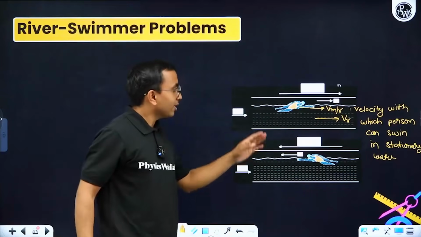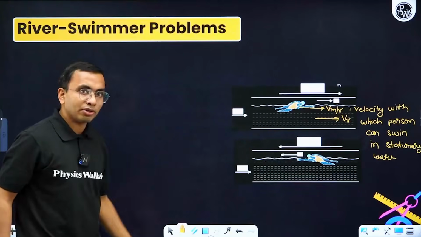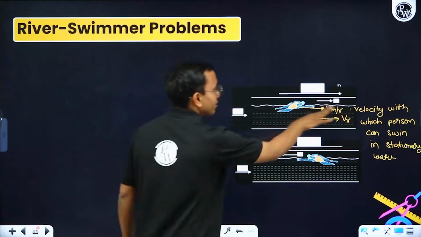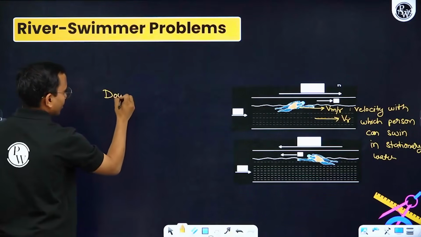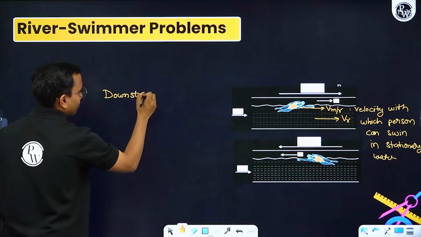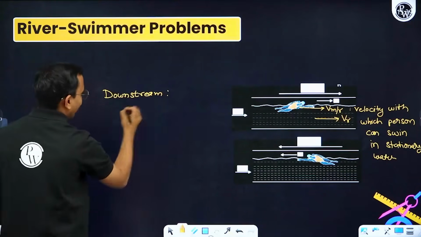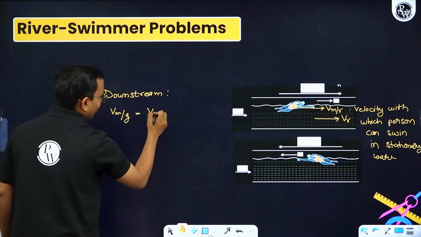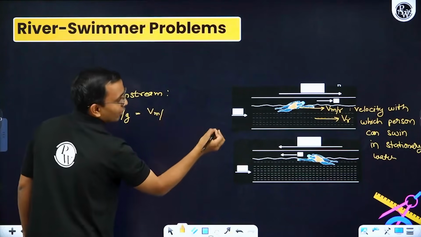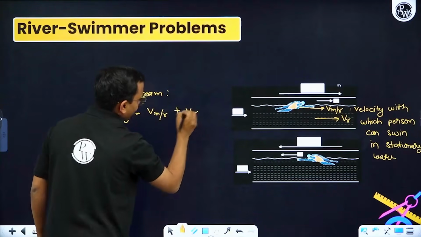Got it? Now, if it is moving downstream, both the velocities will add. I'll say the velocity of man with respect to ground becomes the velocity of man with respect to river or water, whatever it is, plus the velocity of river.